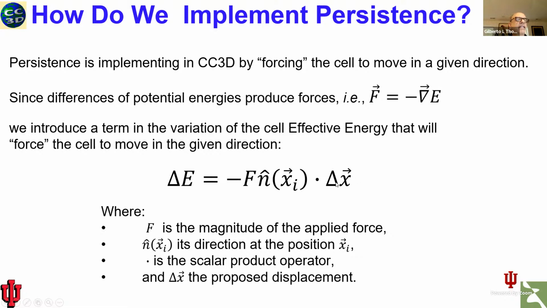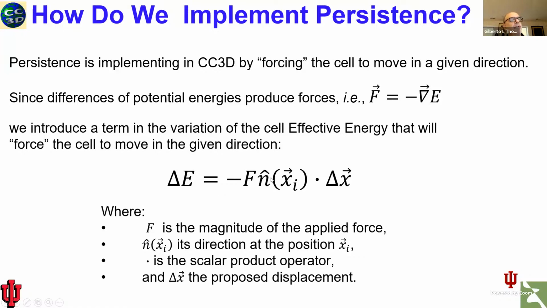And delta x is the displacement of the cell. I mean, the cell is in some initial position, and the cell is moving to the final position. This dot stands for the scalar product between F and the displacement vector, because the scalar product gives you a scalar, which is energy.